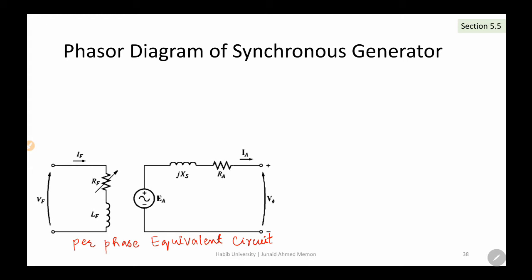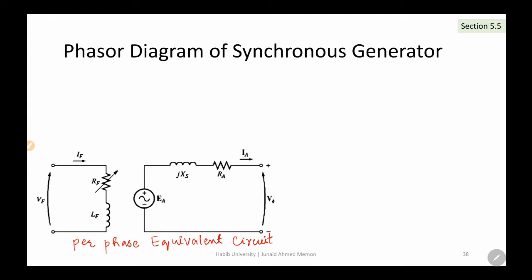So we are assuming all three phases are connected to the same load, and in that case we can easily work on only the single phase equivalent circuit, which we call the per phase equivalent circuit.